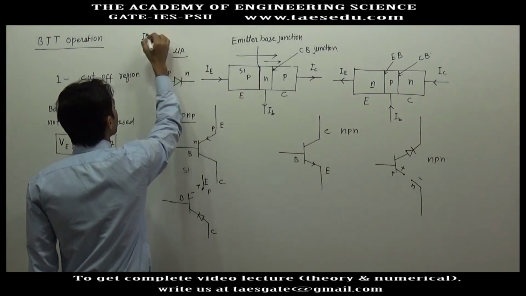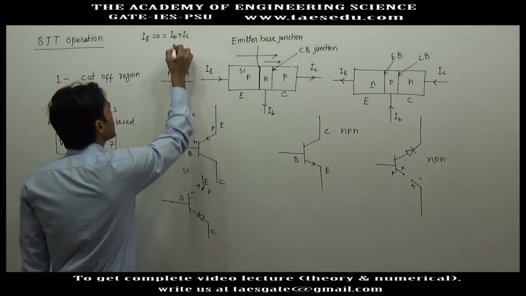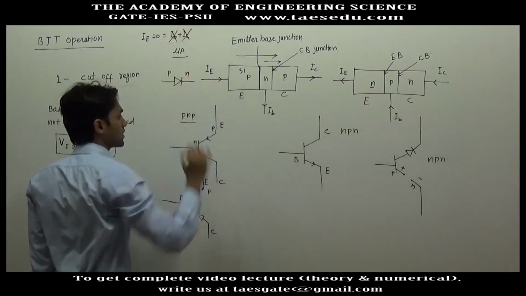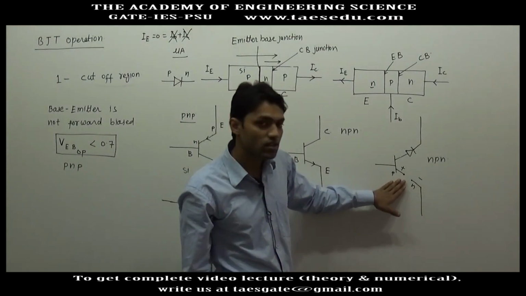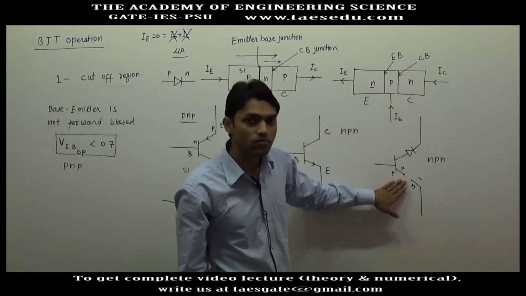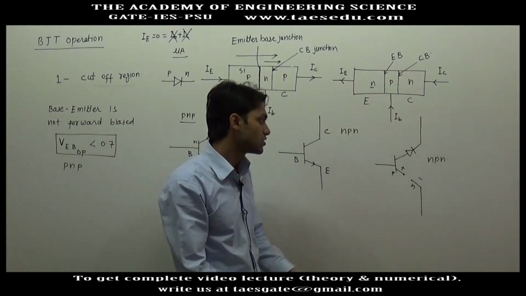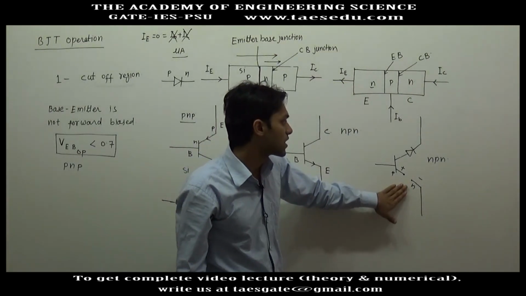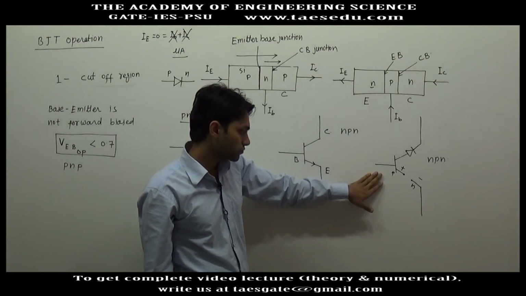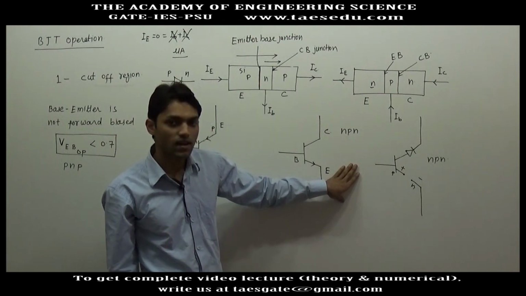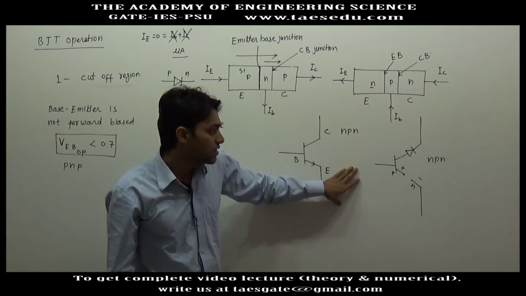IE is nothing but IB plus IC. If there is no emitter current, there will be no base current and no collector current. This is not necessarily how it will be connected, but this is the procedure for checking whether a diode is conducting or not. So just for checking, you open circuit it, emitter current will be 0, collector current will be 0, base current will be 0. So in many parts of the circuit currents will be 0, and then you can apply KVL very easily.